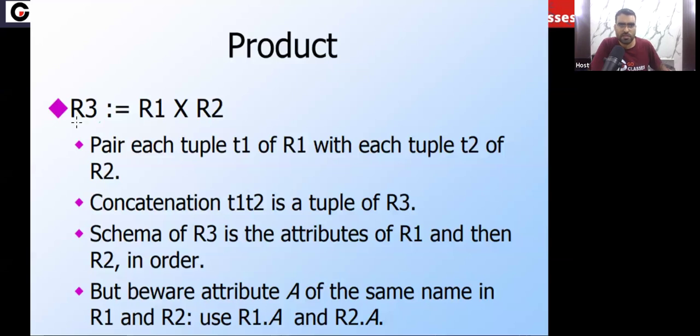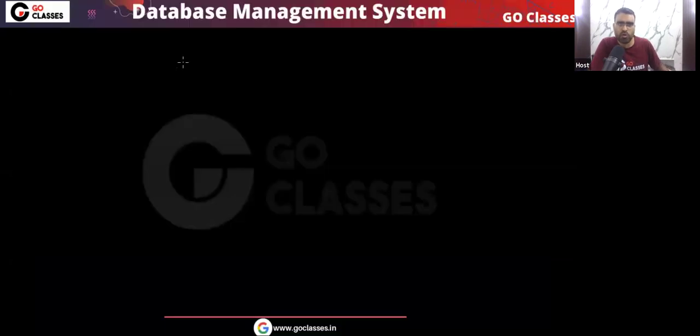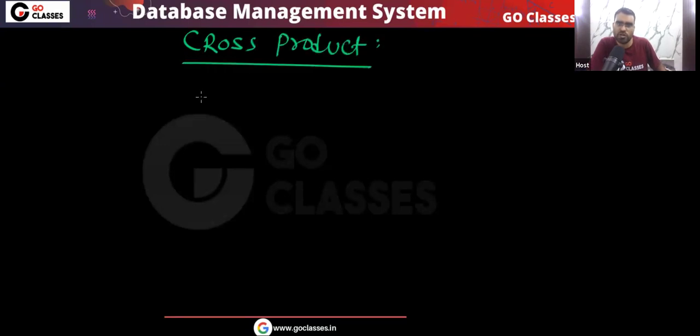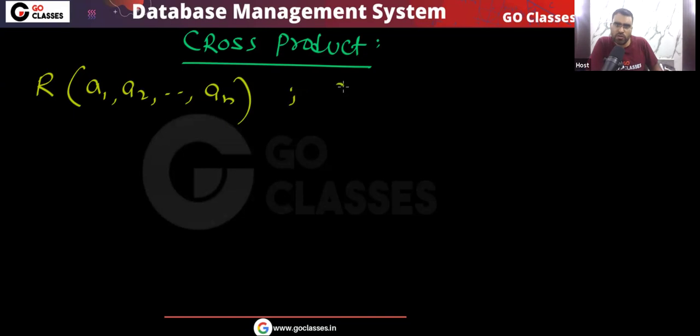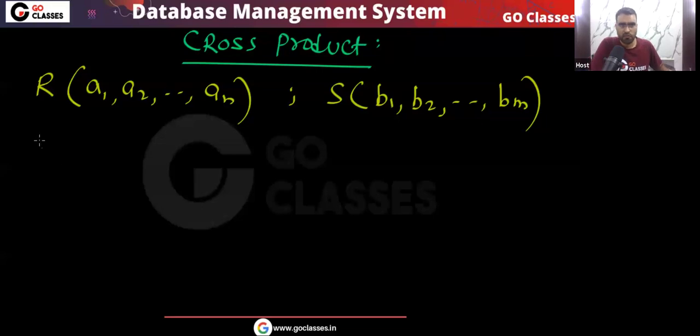Now let's see some details about cross product also. Let's revisit the cross product. You already understand what cross product is, but if you have this table R with total attributes A1, A2, and so on up to An, and you have table S with total m attributes, what will happen in R cross S?